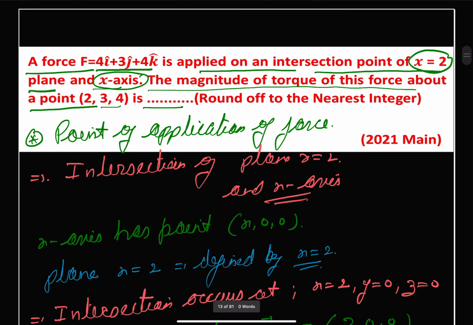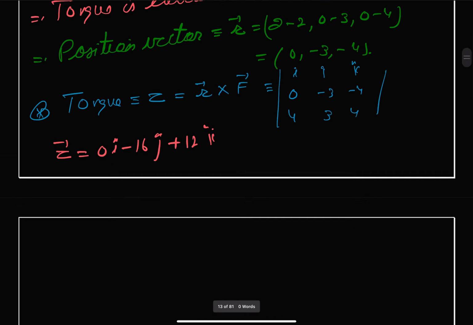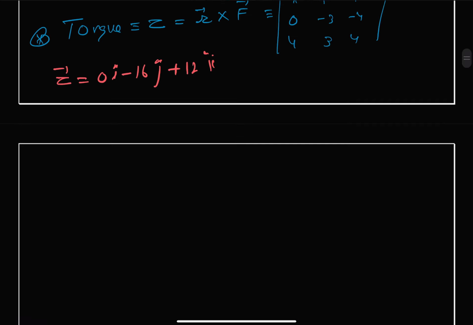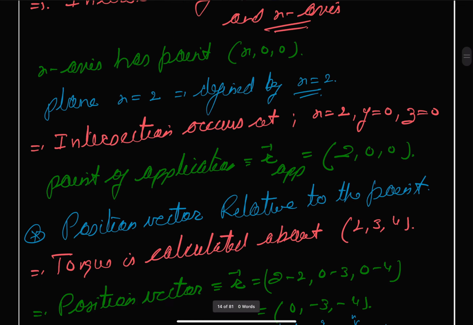Therefore, we need to find out its magnitude. So its magnitude will be equal to the square root of 0 square plus minus 16 square plus 12 square, which comes out as 20.